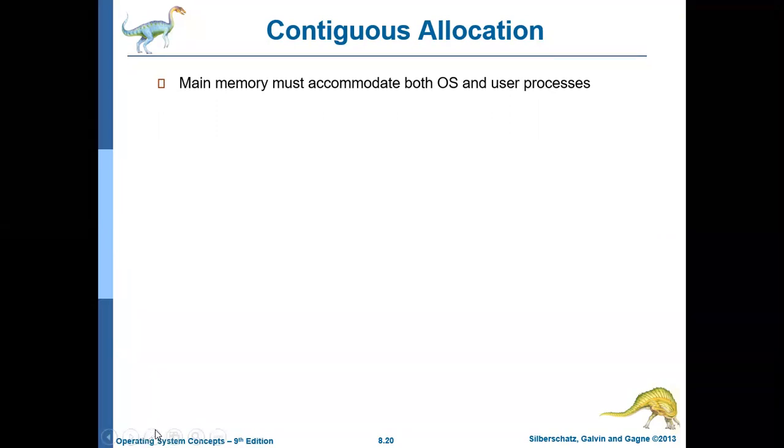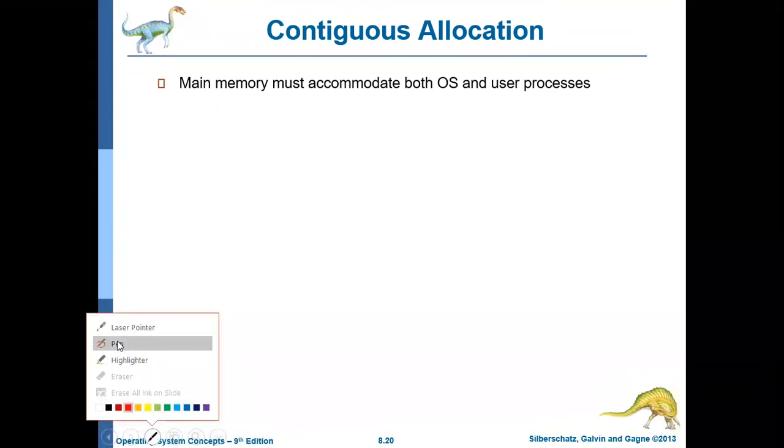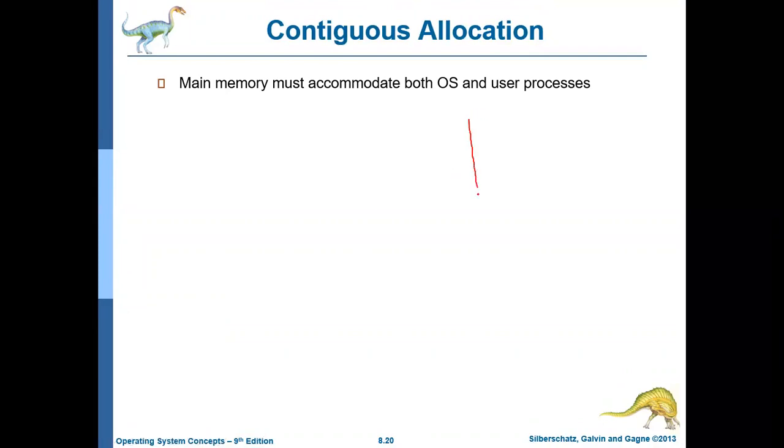Typically, the operating system will be stored in the lower address, along with the interrupt vector table. The lower address may start either from here or from here.